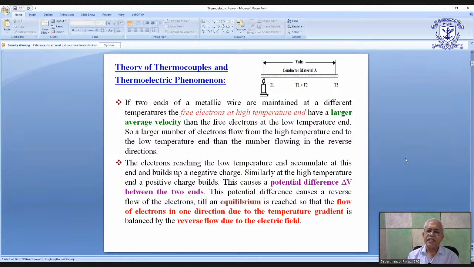See, such a thing is also seen in diodes when you apply a potential. So this is quite similar to that. When the balance is established, if you take a voltmeter and measure, you will see a potential difference between the hot end and the cold end.